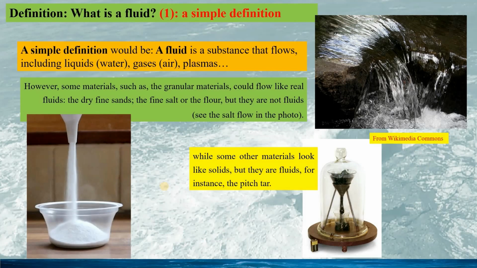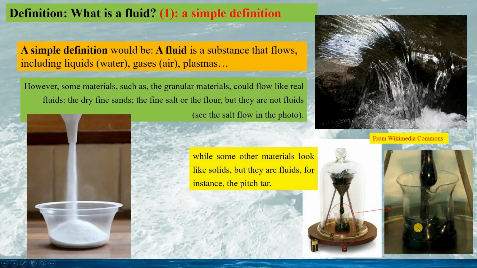While some other materials look like a solid, but they are actually fluids. For instance, the famous pitch tar from this famous pitch drop experiment. And here tar looks very similar to solid.